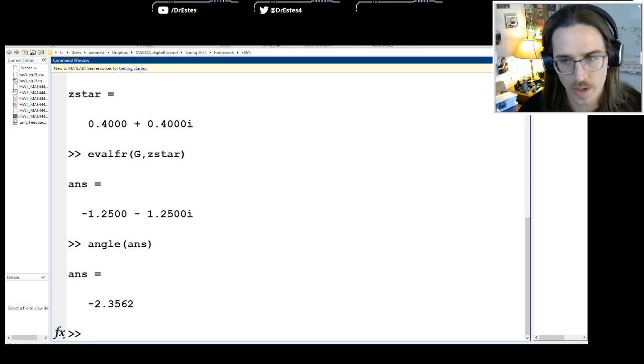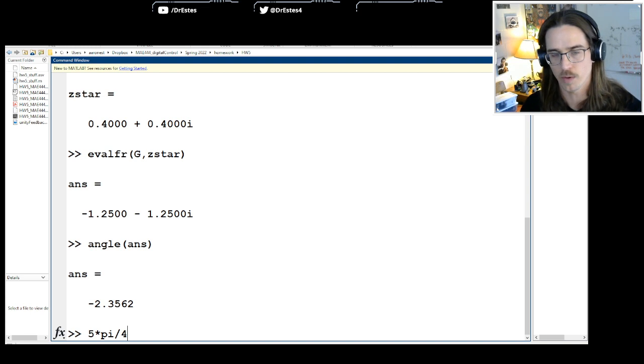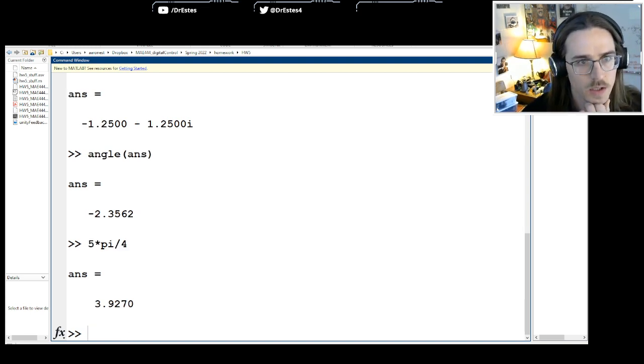Okay, so this is in radians, by the way. And it gave us minus 2.3562. So we had, our angle was 5 times pi divided by 4. So you might be like, these two are different, but really these represent the same angle.